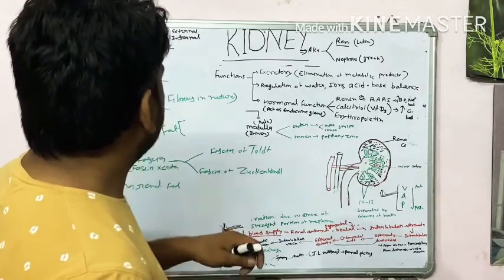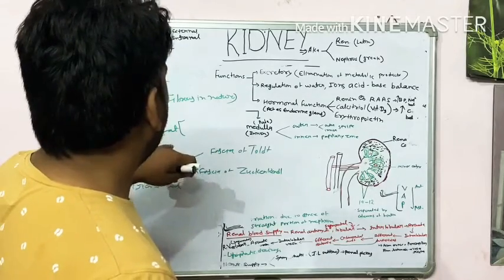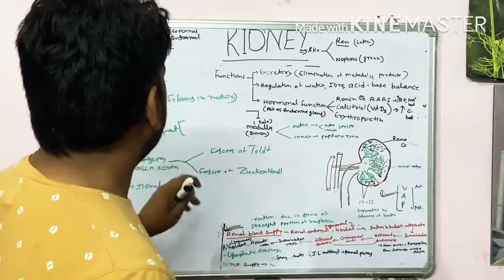After the true capsule, the next layer is perinephric fat, which is very important.